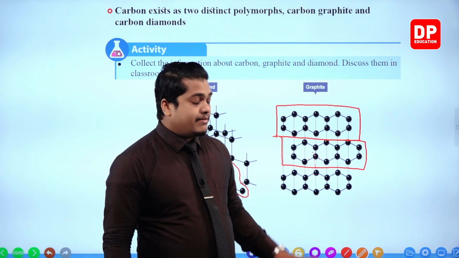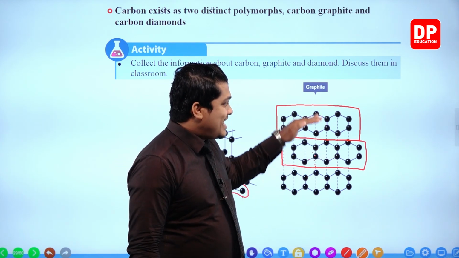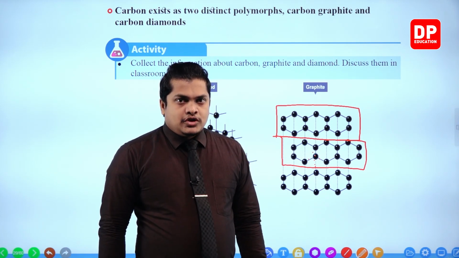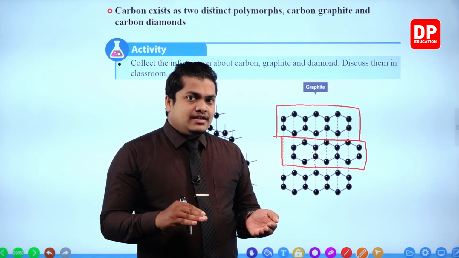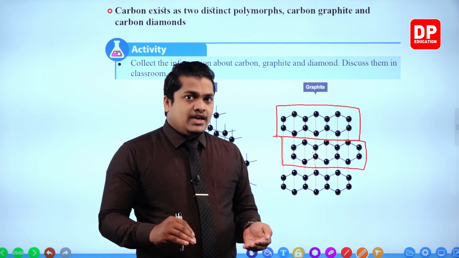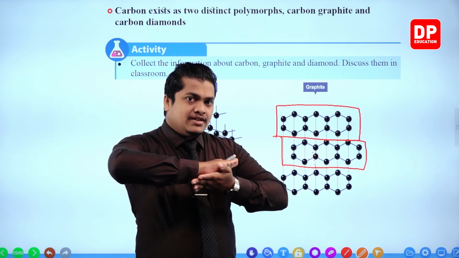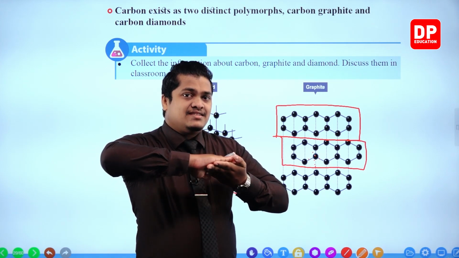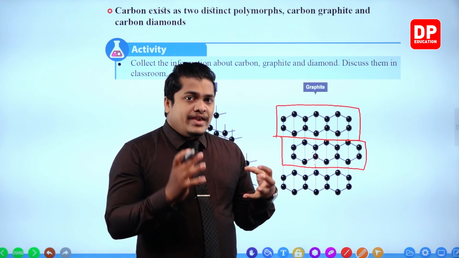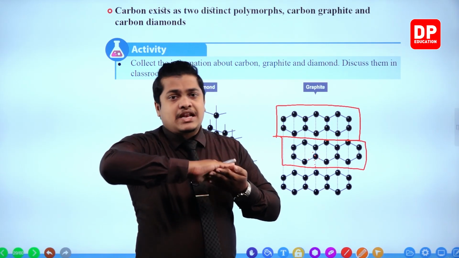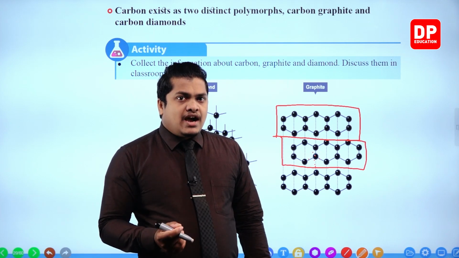Fourth bond means the bond between two layers is very weak. So this weaker bond has the ability to slide past each other. As these layers are weakly bonded to each other, they have the ability to slide past each other.